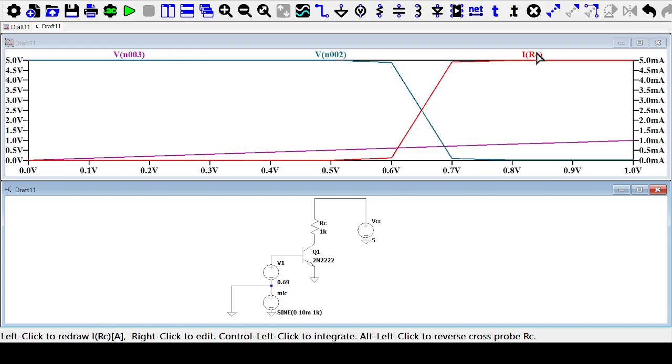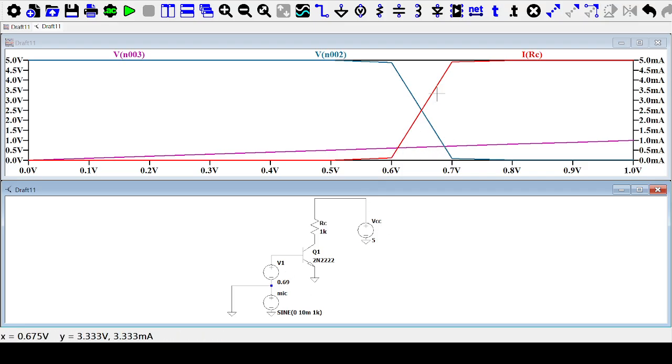So this just gives us the characteristics of the transistor. It's quite interesting to note that at the point when the VBE is forward biased, current starts flowing, and as I increase the value of VBE, the IC current also increases.